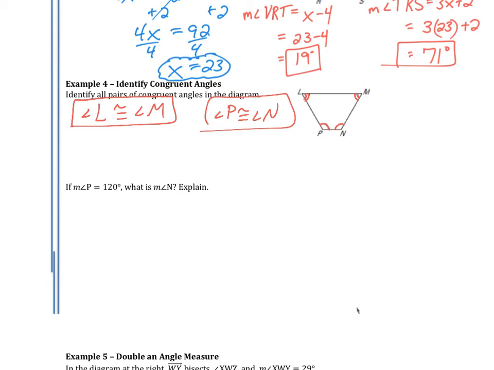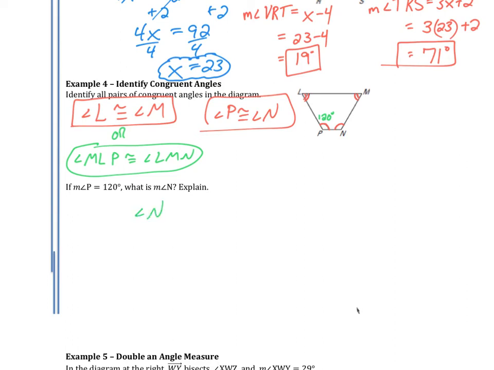Okay, another way you could write this, I'm going to put or. You could say angle MLP is congruent to angle LMN. This is the same thing, but what's in the red is fine. Okay, and then it says if the measure of angle P is 120, so if this is 120 degrees, what is the measure of angle N?